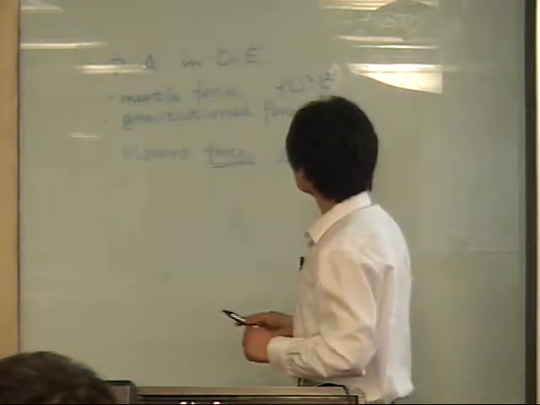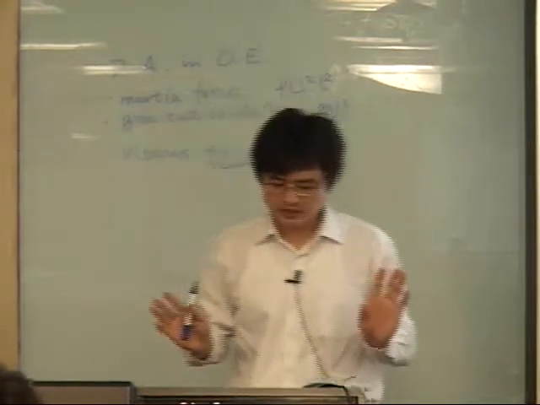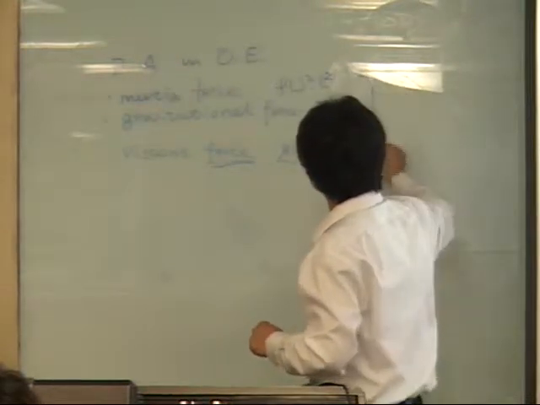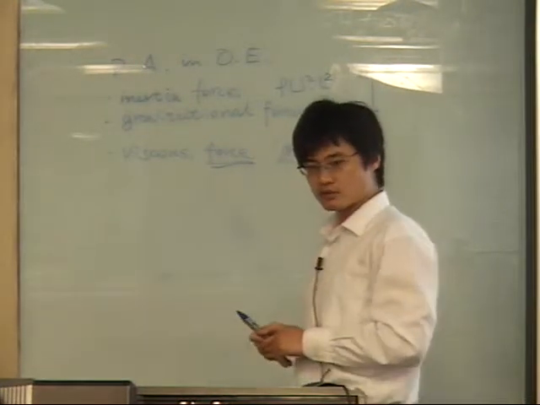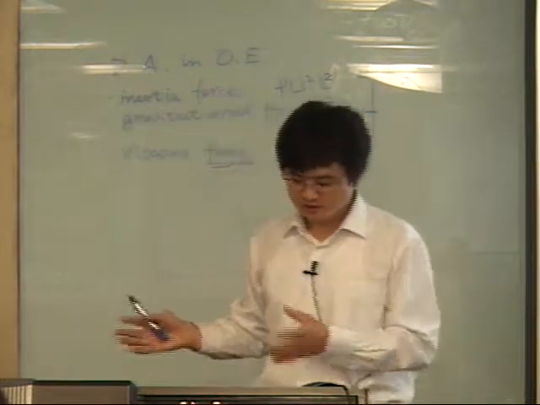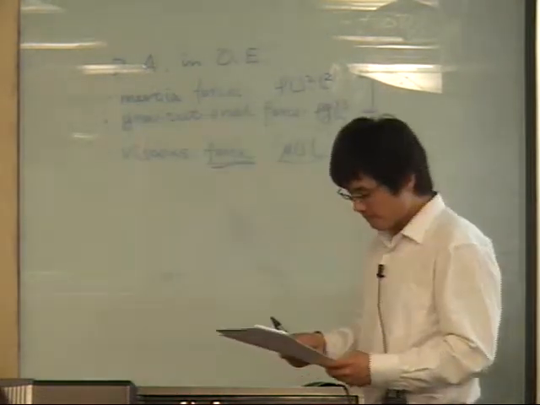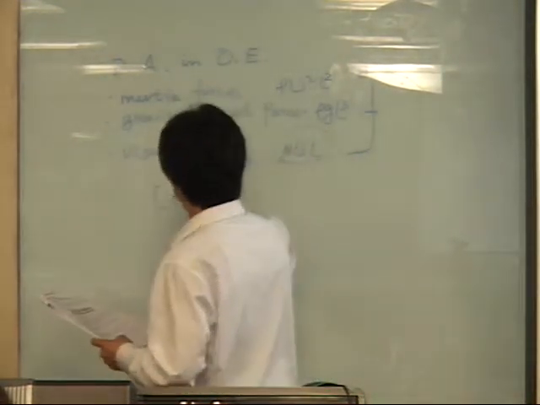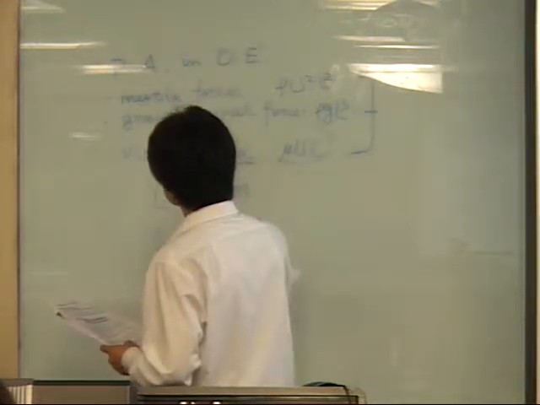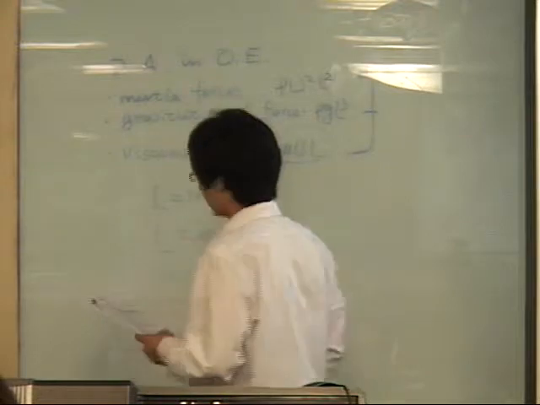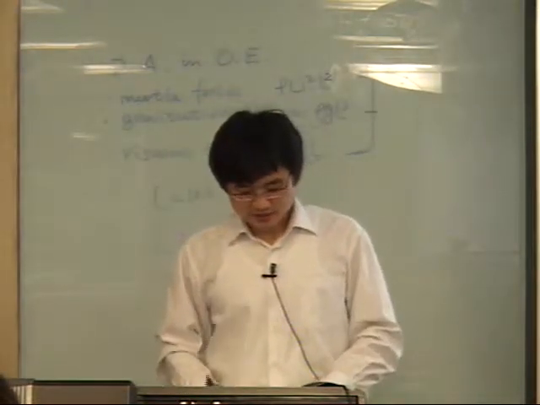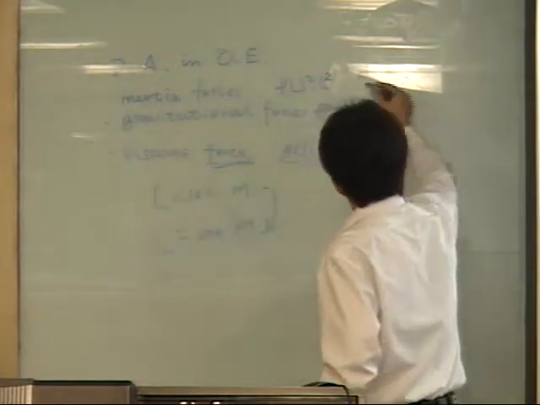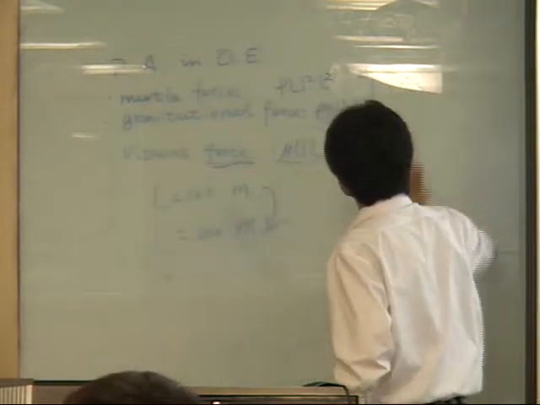Okay, so these are the three principal fundamental forces in ocean engineering. With these three scales, we can know the relative changes among these three forces. For example, we have a 100-meter ship, and then we have another one. They travel at the same speed. From here to here, the inertial force will increase by 4 times, right?